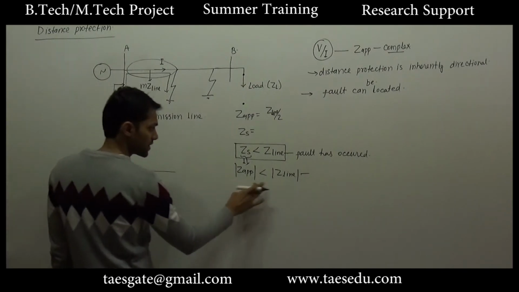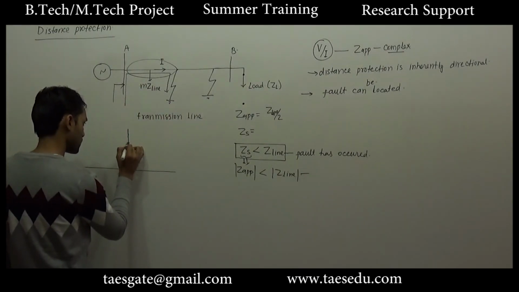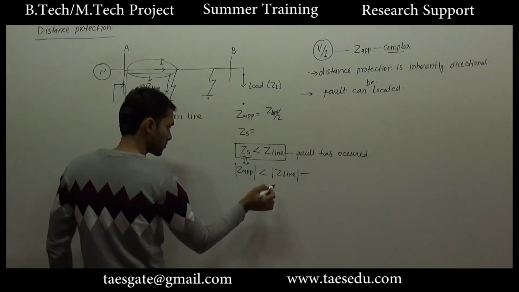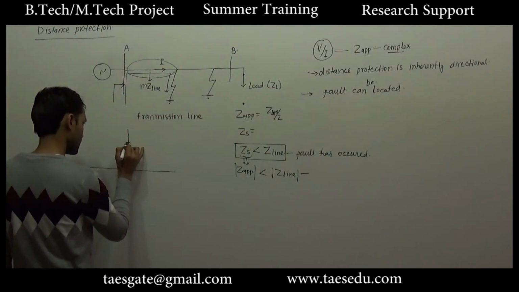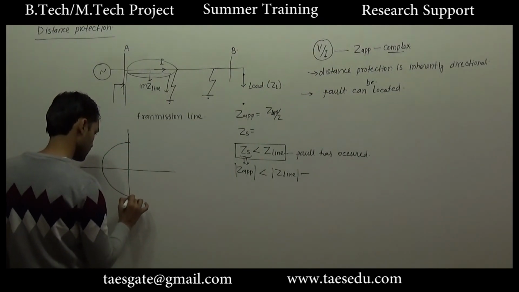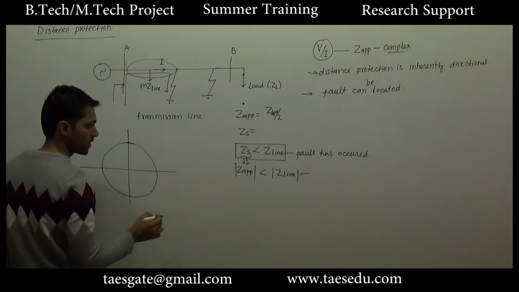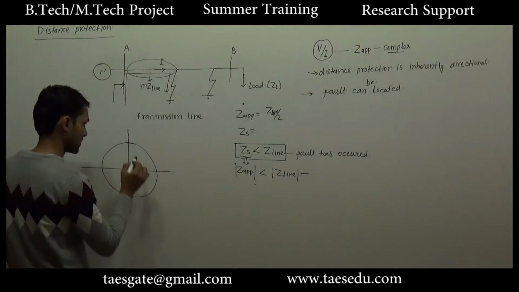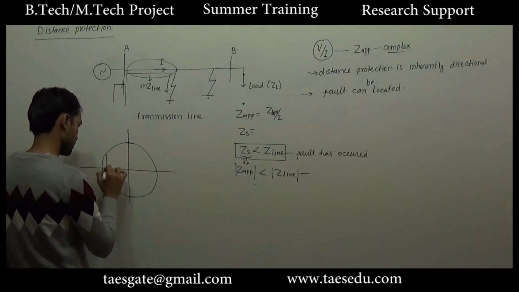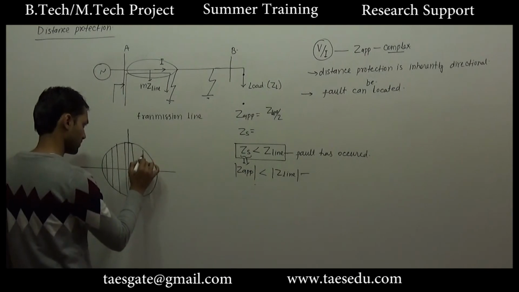So if Z apparent is less than Z line, the mod of Z line will represent a circle with radius equal to mod of Z line, and if the apparent impedance is within this circle, this region will be the trip region.